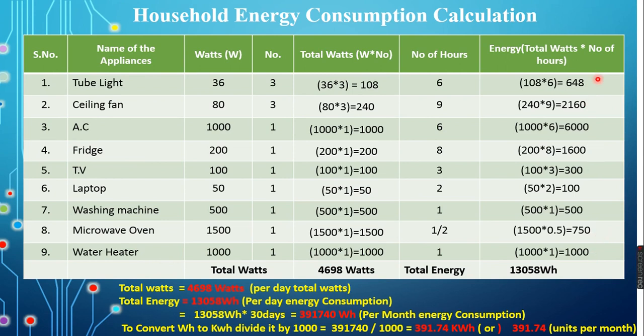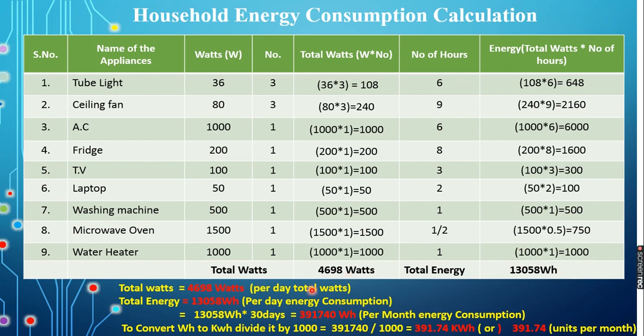That is 648 plus 2160 plus 6000 plus 1600 plus 300 plus 100 plus 500 plus 750 plus 1000. Totally we are getting 13,058 watt hours. 13,058 watt hours is the total energy, and total watts is around 4,698. With this tabular column we have calculated the total watts and total energy.